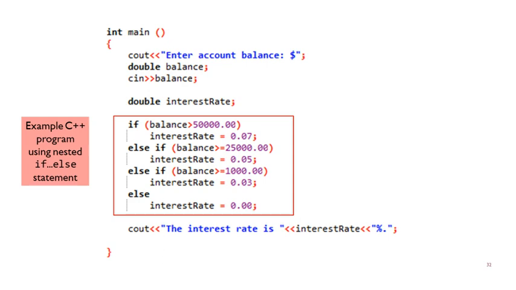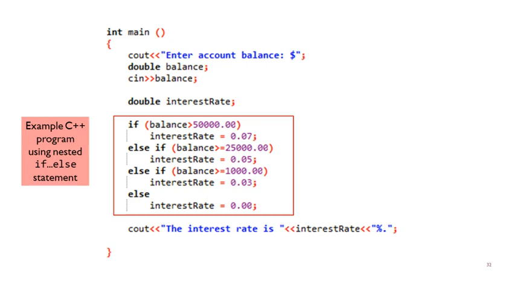So here, as we all know, we have four alternatives. First is balance greater than 50,000. So the interest rate is 0.07. Why is it 0.07? Because I already converted the 7% to the decimal value.